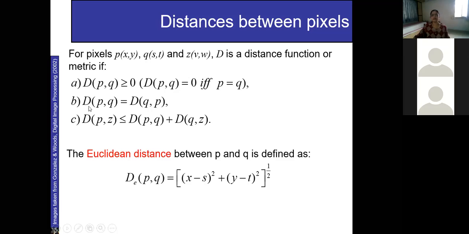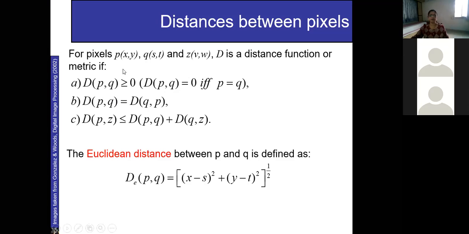The second property is that the distance between P and Q is the same as the distance between Q and P. Distance is an absolute value and can never have a negative sign.